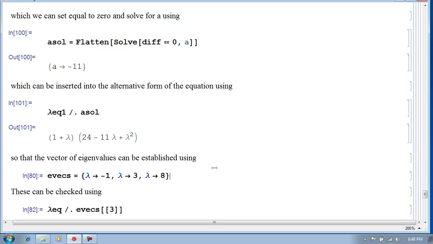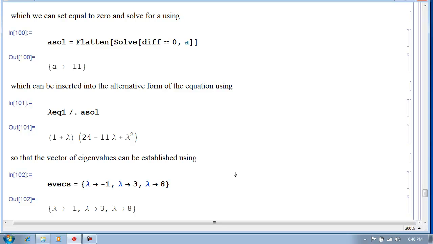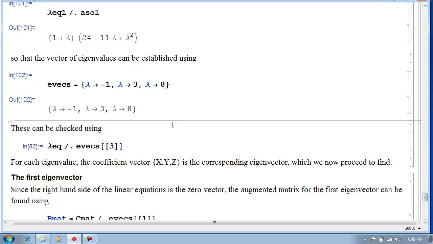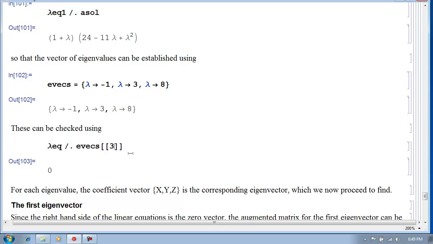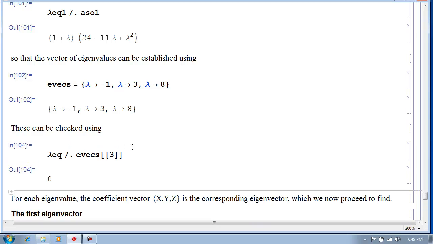So they're the vector of eigenvalues, and we've got to test that to see that it indeed is correct. So we evaluate that for the second eigenvalue, and we get 0, and if we do it for the third eigenvalue, we get 0 also. So they are indeed the eigenvalues of the matrix.